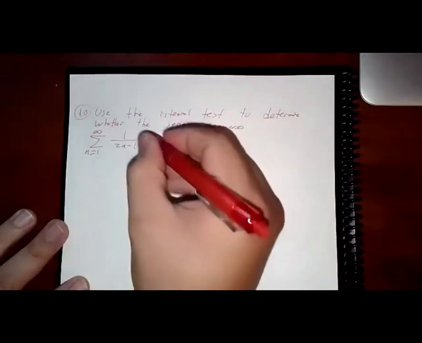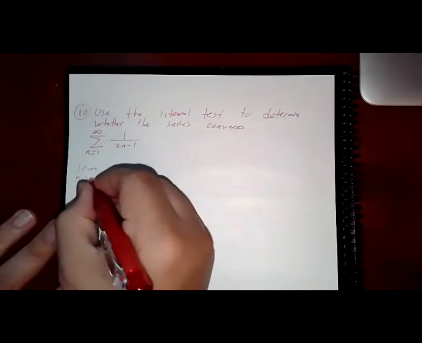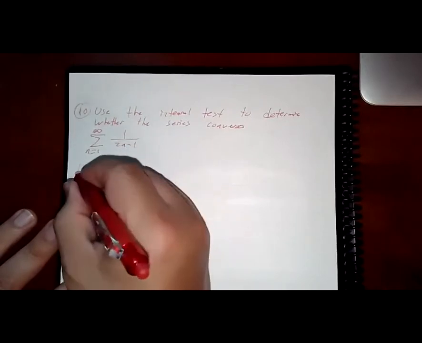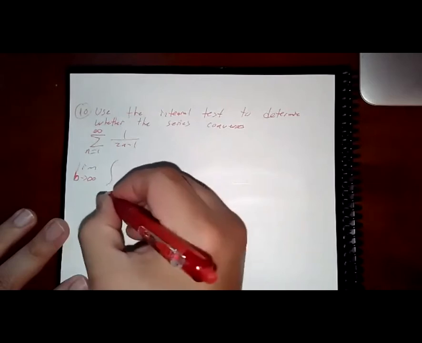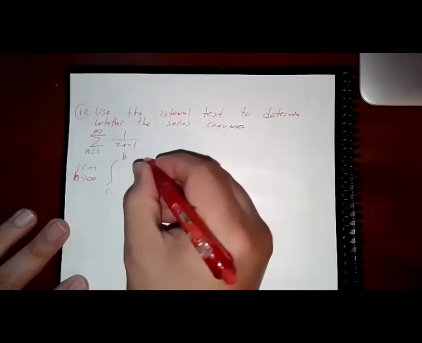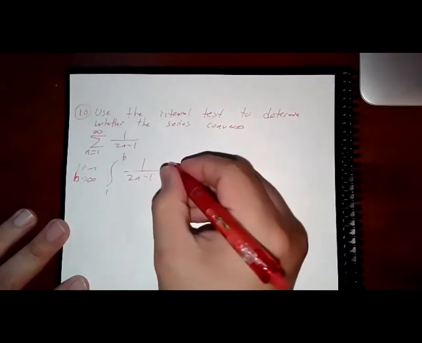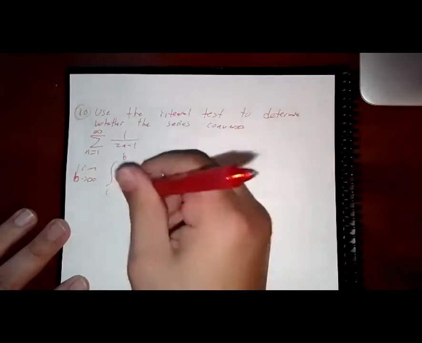So what we do is we take an integral and then do it properly. We say as the limit as b approaches infinity, to keep it consistent, the integral from 1 to b of 1 over 2n minus 1. Note we change it to x.